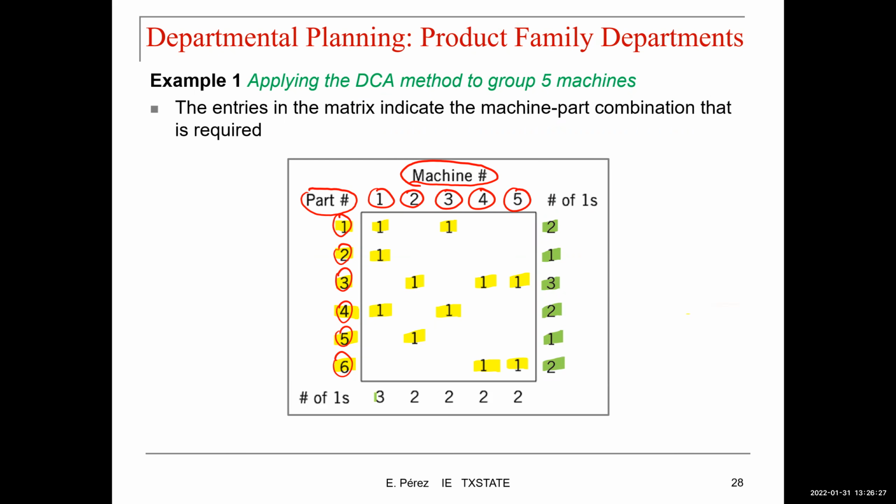And then here you see the total per column: 3, 2, 2, 2, and 2. That's part of the first step. We're not done with the first step, but that's the first portion. What's next is the sorting. We need to sort these rows and columns.